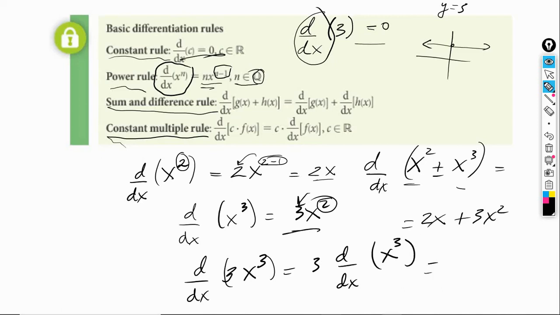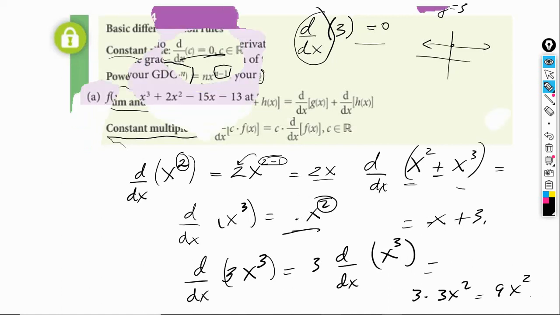And then this would just equal 3 times 3x squared. Therefore, 9x squared. So these are the basic differentiation rules that you need to know and apply.